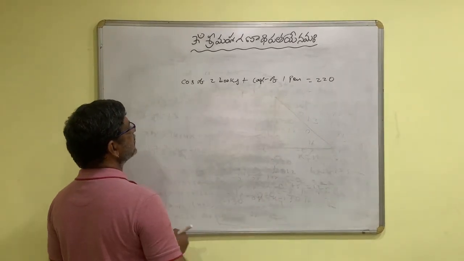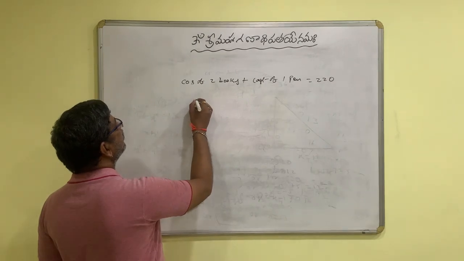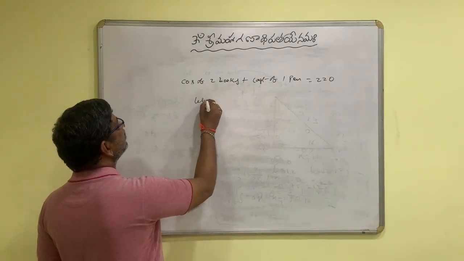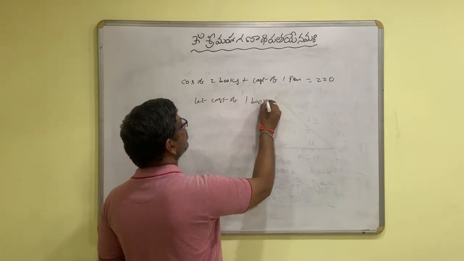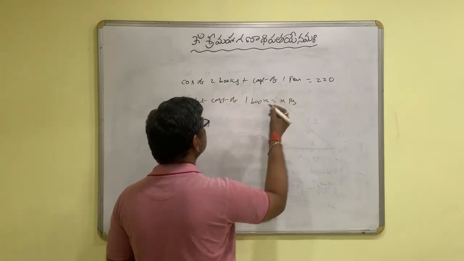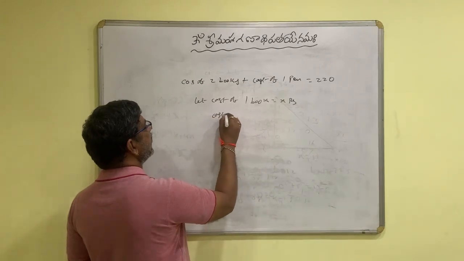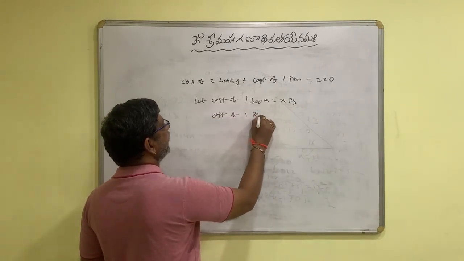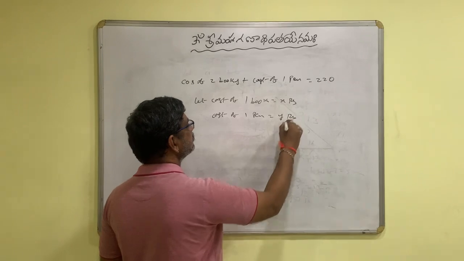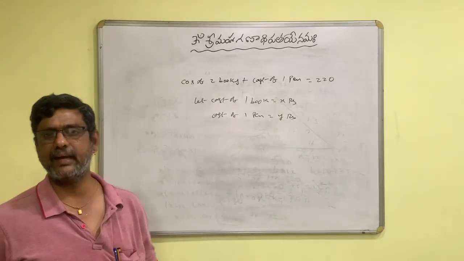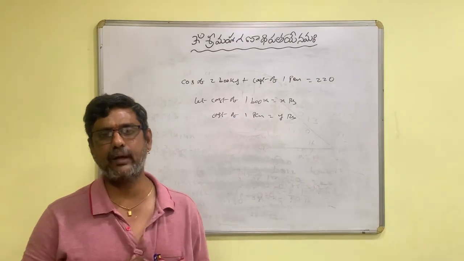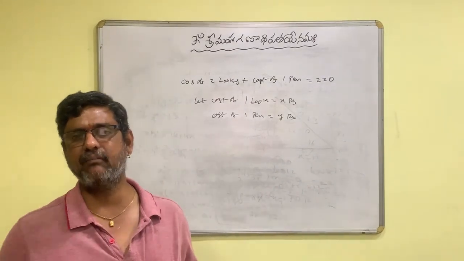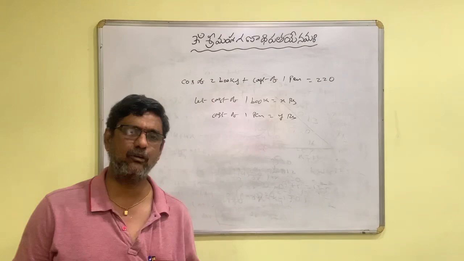Here we don't know the cost of 1 book. Let the cost of 1 book be X rupees and the cost of 1 pen be Y rupees. Why not take the pen's cost also as X?